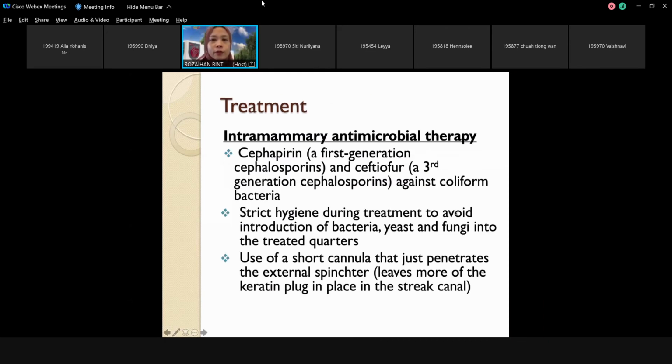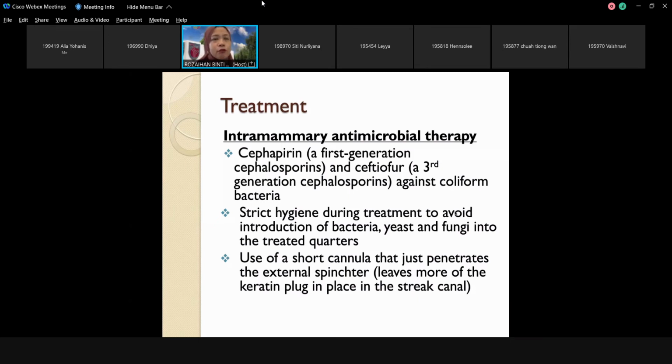In terms of treatment, you're talking about bacteria, so of course antibiotics, affecting only the structure of the mammary gland. The best is to use intramammary antibiotic infusion, not really parenteral, the one that you would inject intramuscularly or subcutaneously.